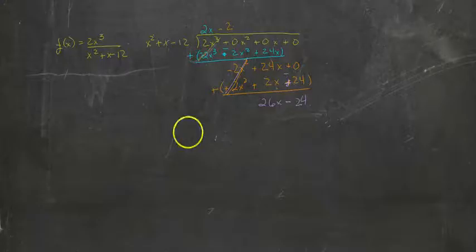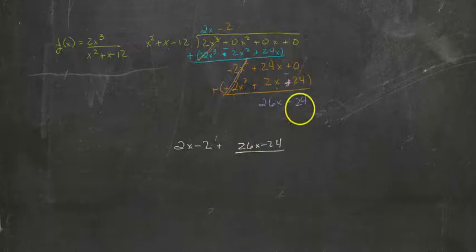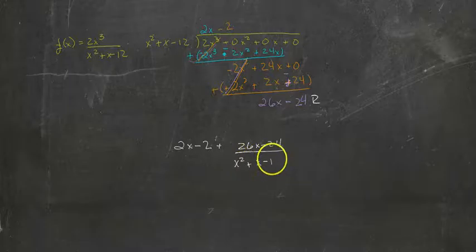So I have 2x minus 2 plus 26x minus 24. That's still, because this is a remainder, right? That still needs to be divided by the x squared plus x minus 12.